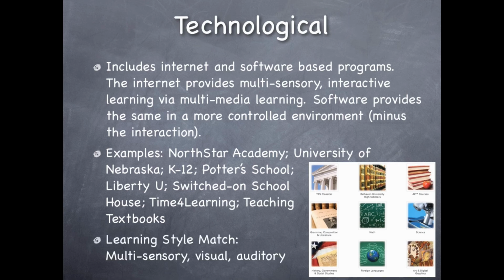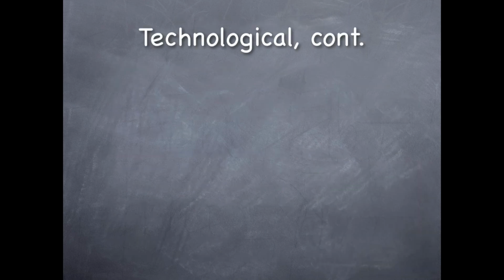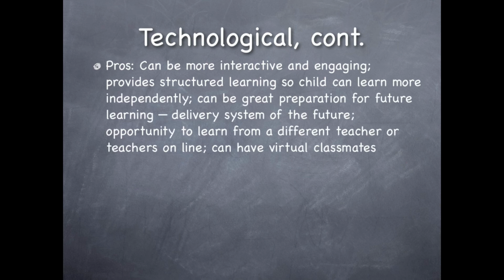It does do multisensory, visual, and auditory, so no matter what your learning style of your child is, this would be a good fit. The pros is that it can be more interactive and engaging. You can, depending on what you use, interact with other children in a virtual school setting. It does provide structured learning, so your child can learn more independently.